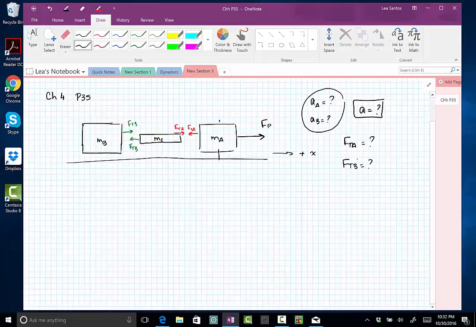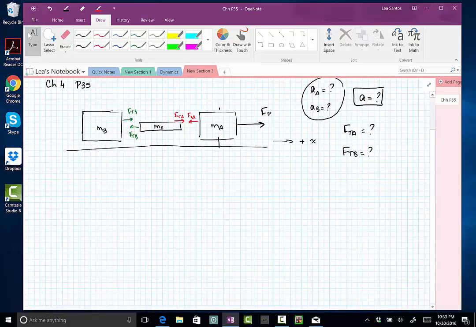All right, so let's write the equations for each box. Newton's law for each box. So I'm starting here from box A. What do I have here? FP minus FTA equals MA times the acceleration. Before going straight to B, let me go through the cord. What do we have at the cord?